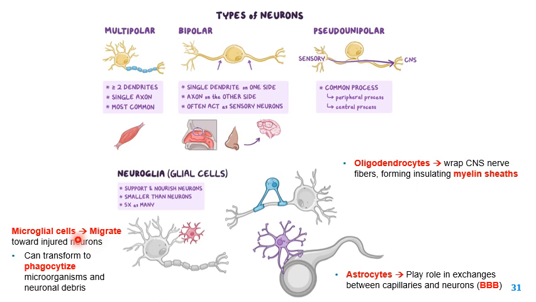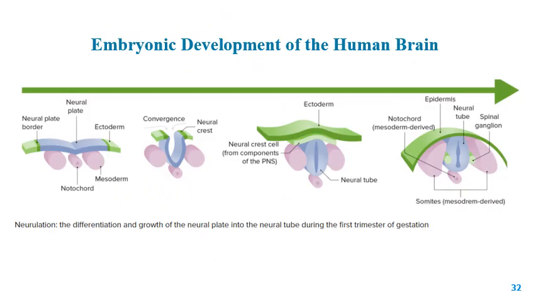You have your microglial cells, which migrate and eat up stuff, your oligodendrocytes doing the myelin sheaths, and your astrocytes that are very important for the blood-brain barrier. So, just a quick review.